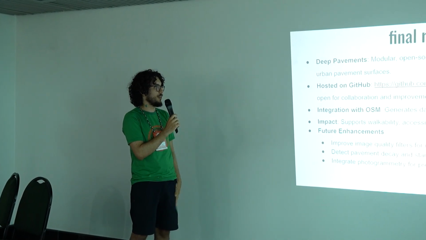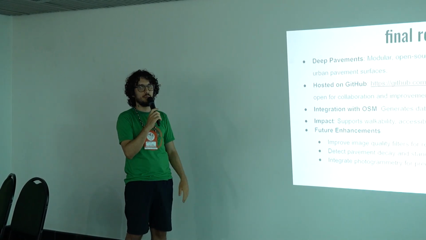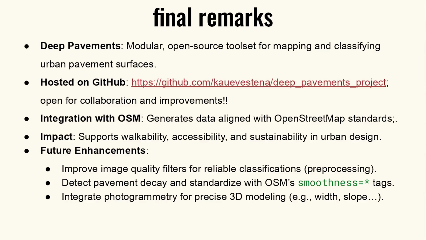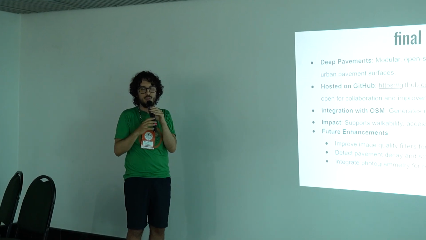And of course, it's open for collaboration and improvements. It's integrated with OSM, so it generates data that is compliant with the OpenStreetMap standard, ready to be uploaded or imported into OpenStreetMap.